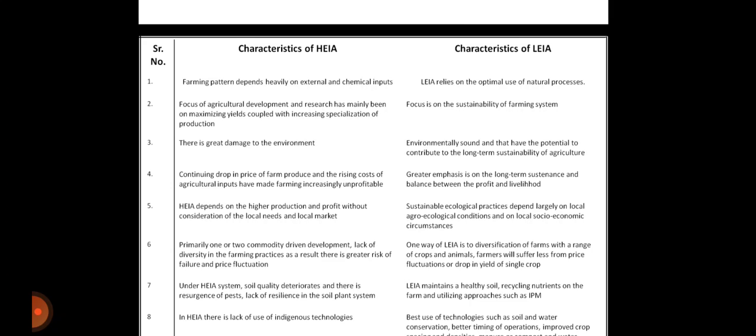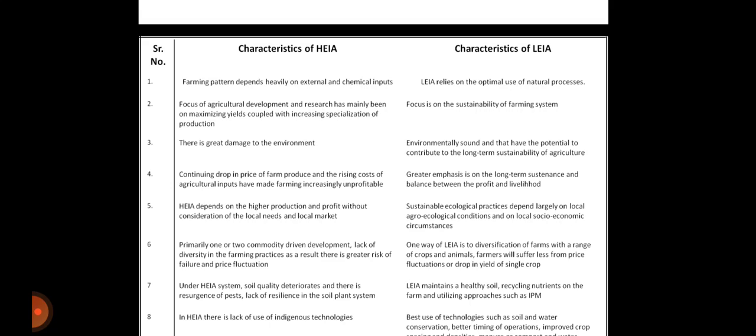Fourth point, in high external input agriculture, the continuous drop in price of farm produce and the rising cost of agricultural inputs have made farming increasingly unprofitable. In low external input agriculture, there is greater emphasis on long-term subsistence and balance between profit and livelihood.